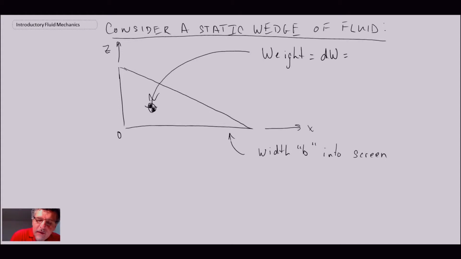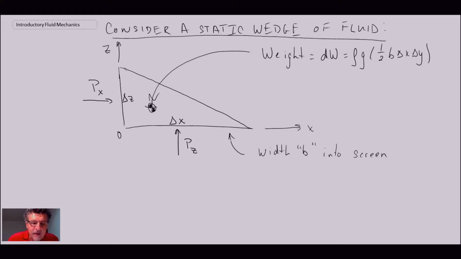And we'll say the weight is dW because we're going to look at a differential chunk of fluid. So that is the weight of the fluid element, and I'm assuming that delta X is the size of the wedge in the horizontal, and delta Z is the size in the vertical. Now, the pressure distributions, we have Px acting in the X direction on the Z face, and we have Pz acting on the X face.